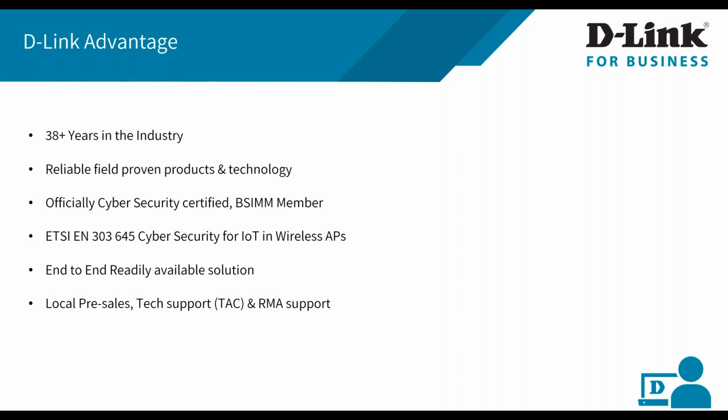Then we have a direct presence with local sales offices in almost 20 plus cities. We have a local pre-sales team who can help you in designing the solution. And we have D-Link L2 and L3 tech support who can help with basic setup and configuration. L2 L3 team support can be availed via the newly introduced WhatsApp services.